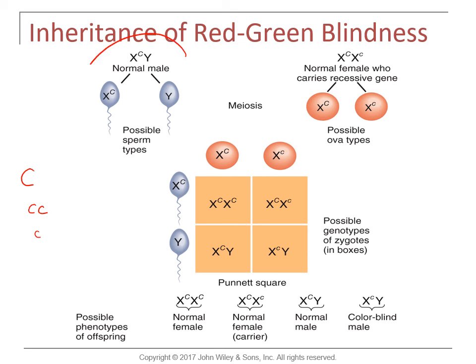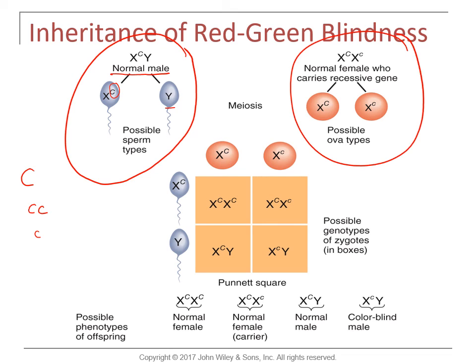Here we have the male, who has a capital C, so he is a normal male, and there is nothing on the Y chromosome. Here we have the female, who is a carrier: she is normal because she has the capital C, but she is carrying the lowercase c. Here we have the possible sperm types and the possible ova types.